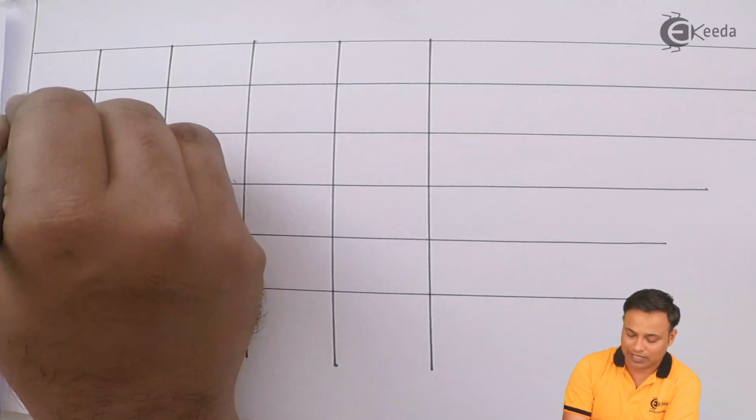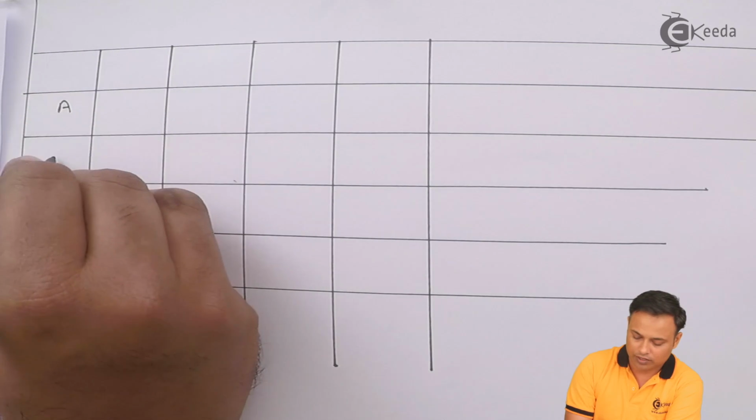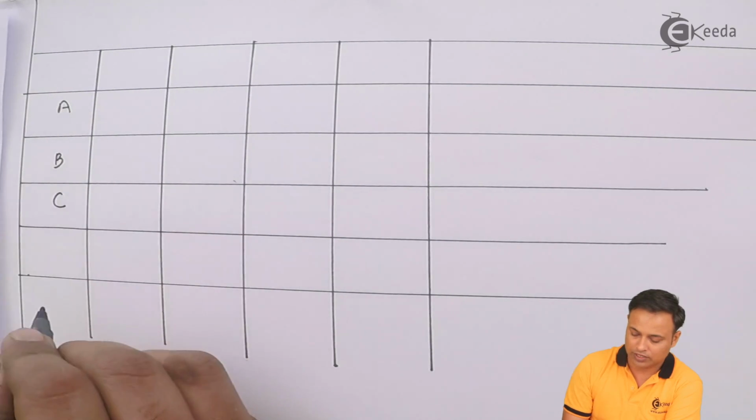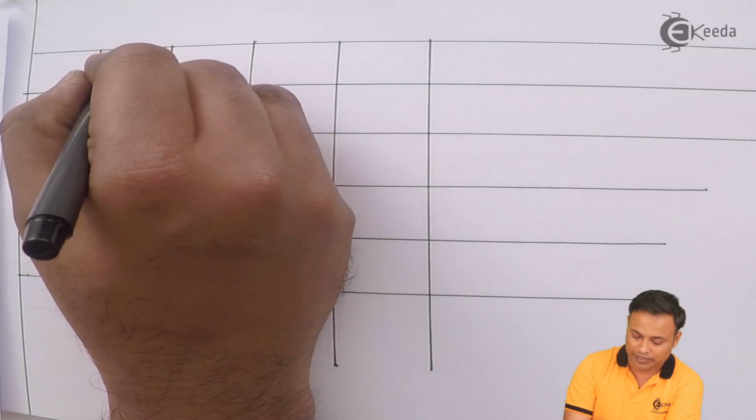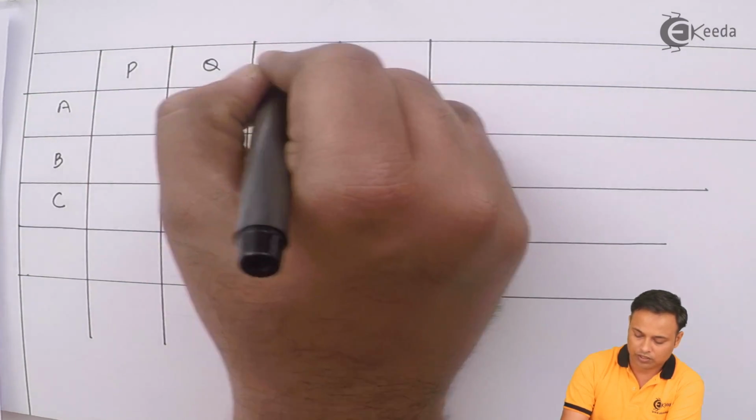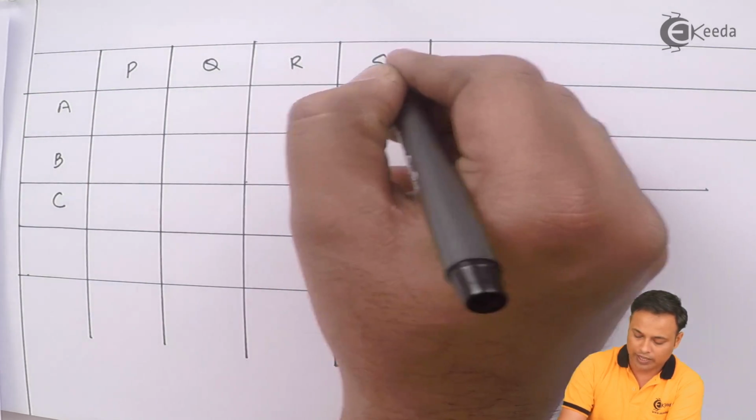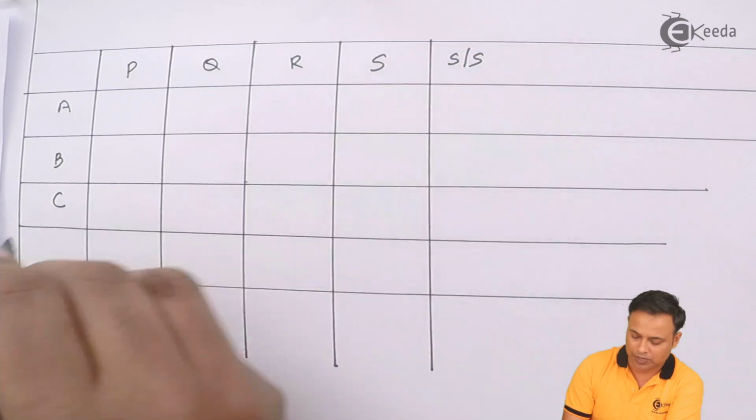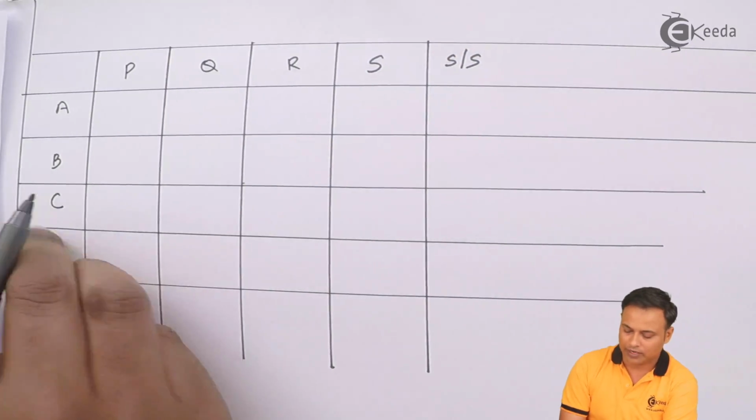Here I have the warehouses A, B and C, and here are my markets P, Q, R and S. Here is my supply, here is my demand.